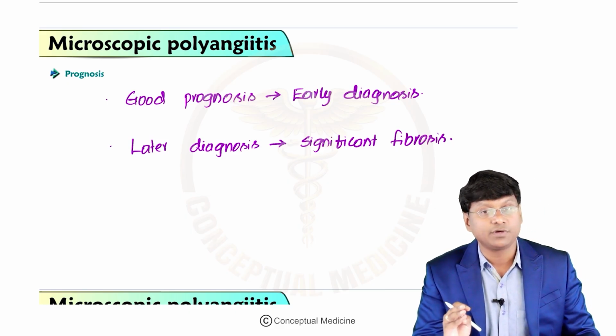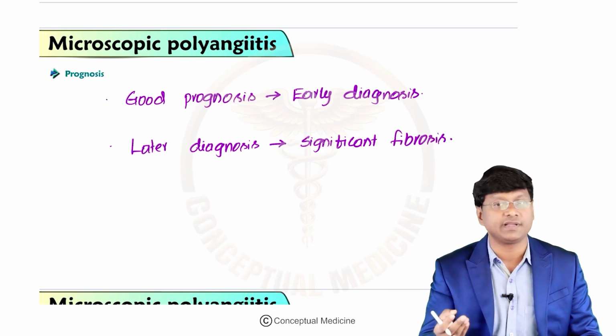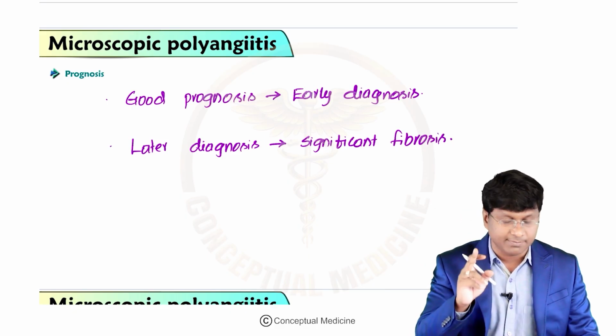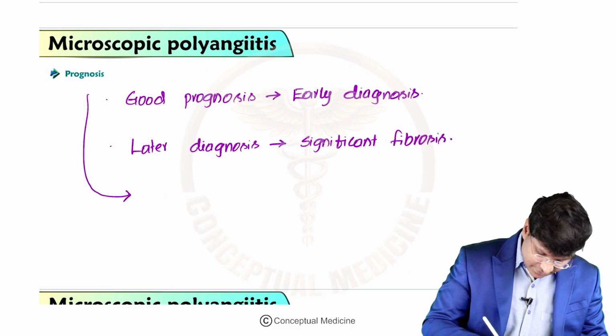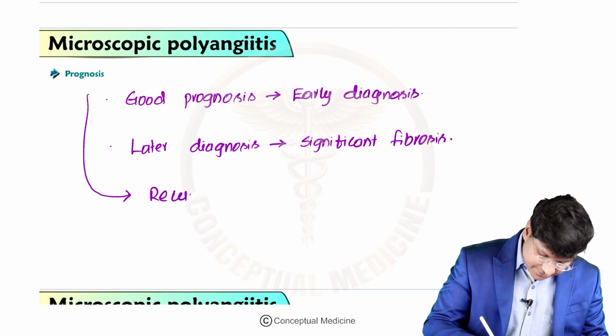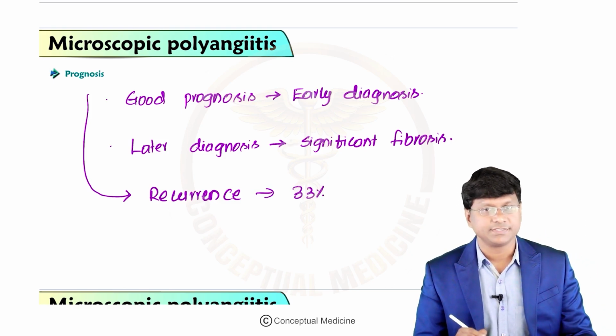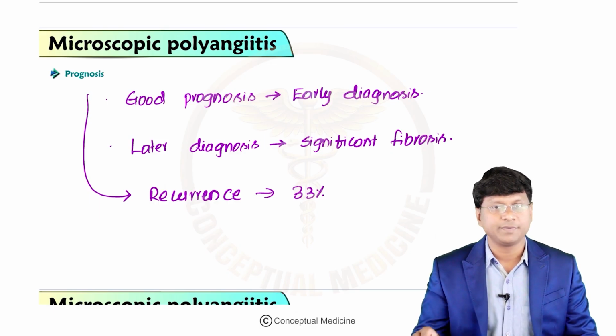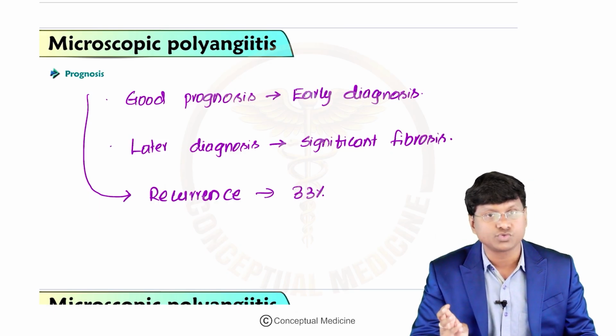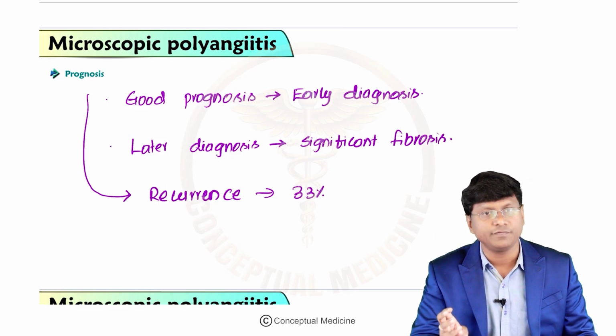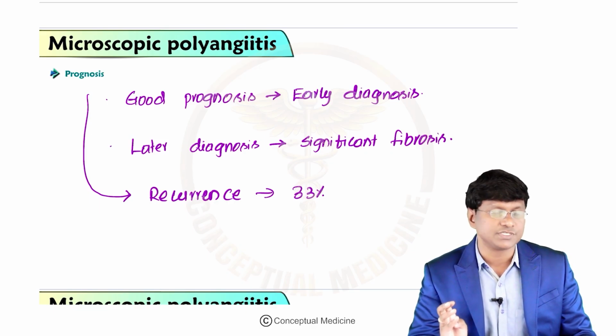And the likelihood of disease recurrence following remission in microscopic polyangiitis is about 33%. So this is about your microscopic polyangiitis. Please remember, microscopic polyangiitis is a form of small vessel vasculitis, and it is an ANCA positive vasculitis.